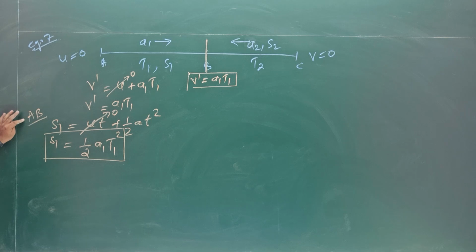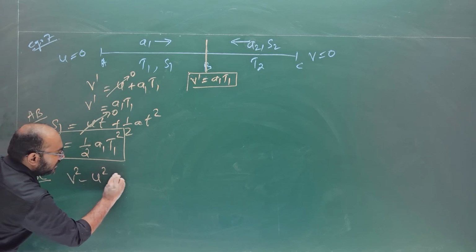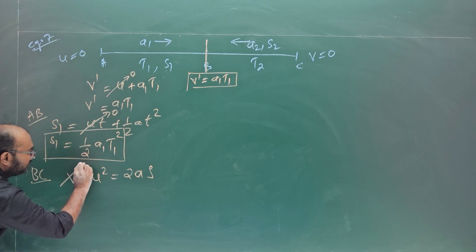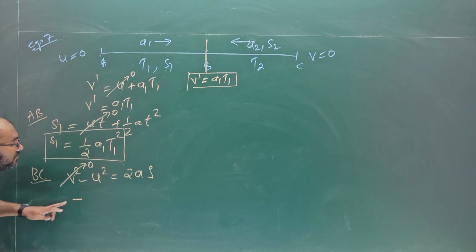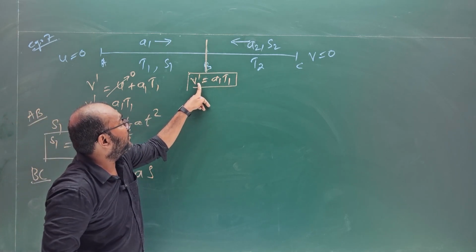Why? Because substituting S is equals to UT, obviously C is getting cancelled. So, for BC, V square minus U square is equals to 2AS. V square, this becomes 0. Minus U square. Initial velocity of BC is nothing but final velocity of AB.